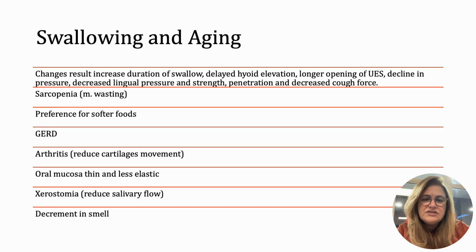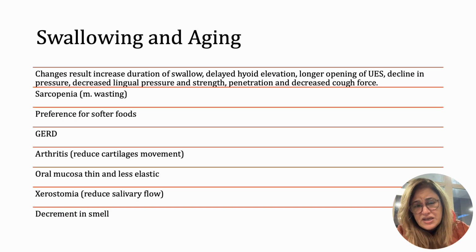It's very normal to see sarcopenia in the aging geriatric population, who choose more soft and easy-to-chew boluses. There may be very severe GERD or LPR, or arthritis that won't allow the cartilages to move fluently. We will see that the oral mucosa is changing, thinner and less elastic, and the color is changing.